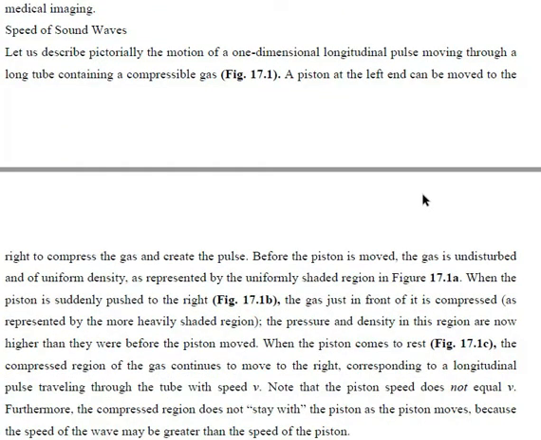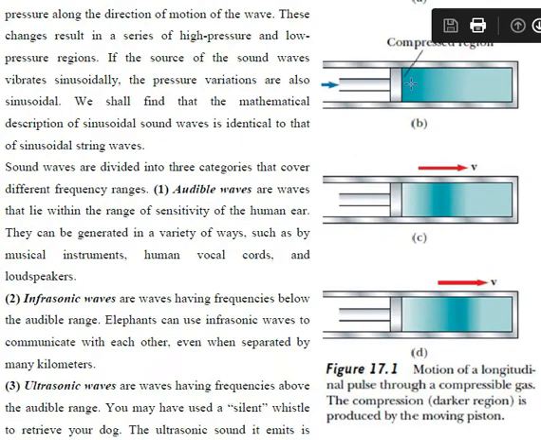So we consider the piston and the gas-filled tube like this. We compress the air in front of the piston, and this produces a pulse, and that pulse moves to the right.